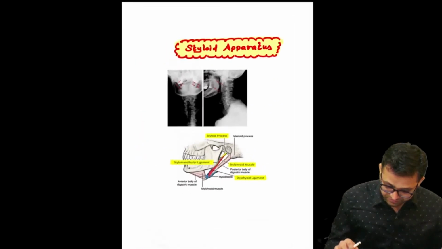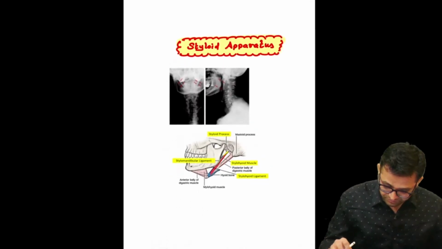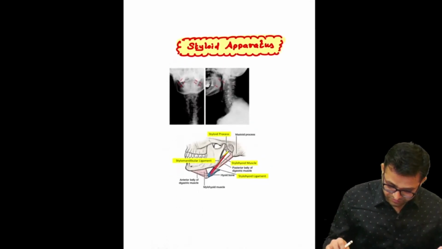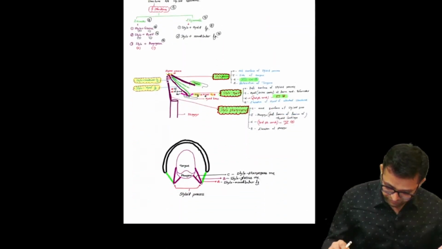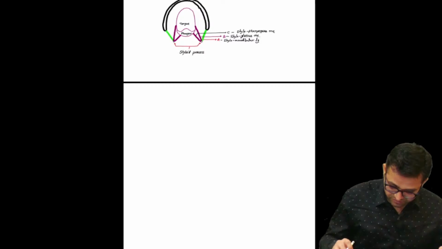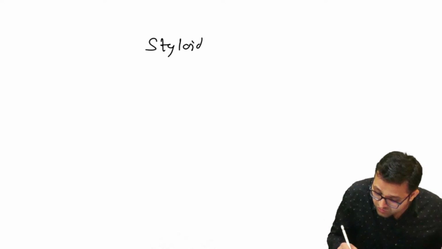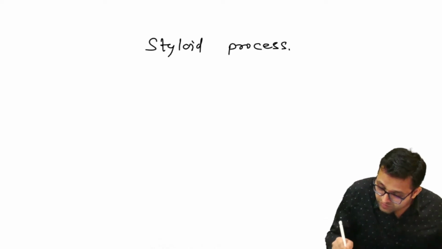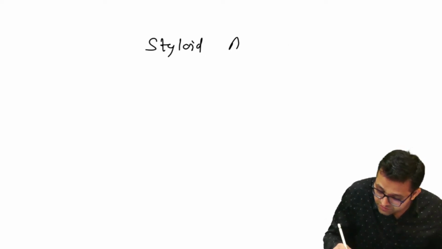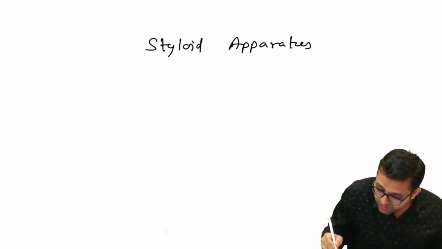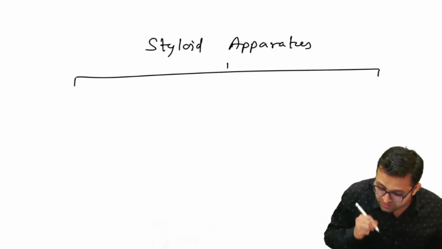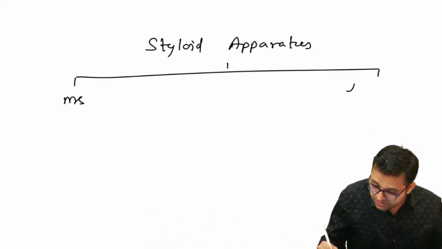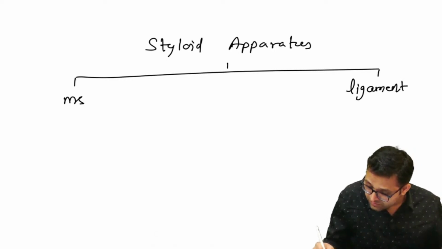Now we are going to look at more points. When you see the styloid process, or better to say the styloid apparatus, there are two types of components, muscles and ligaments.